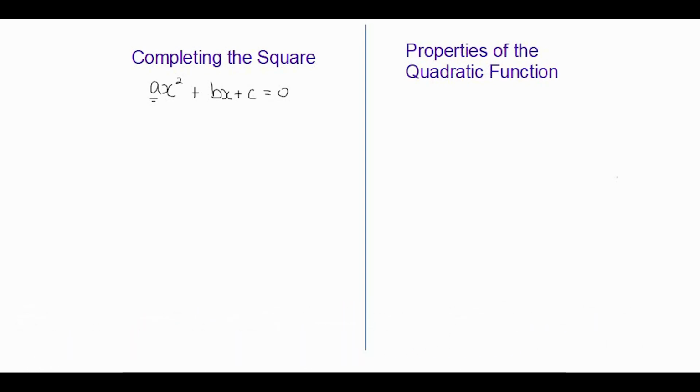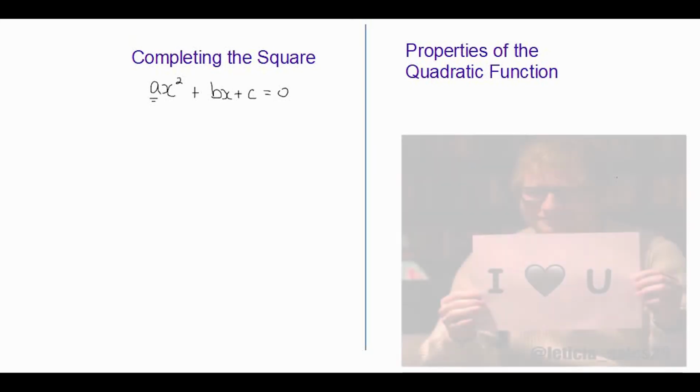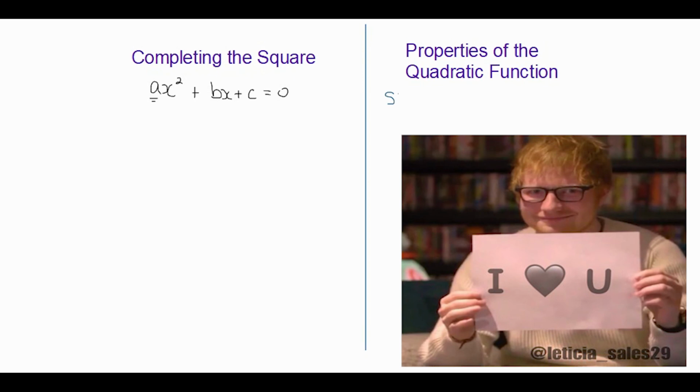So we started by talking about things like the shape of our quadratic function. When we talk about the shape, we're talking about the nature or what type of curve we have when we look at the quadratic function. Now, when it comes down to the shape of the curve, we know that our quadratic function, being a parabola, can take either one of two forms.